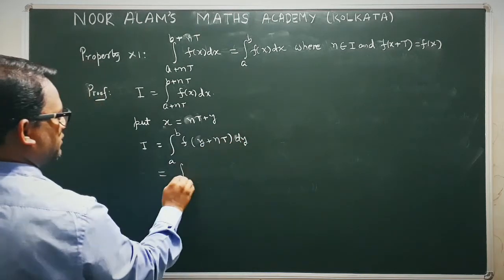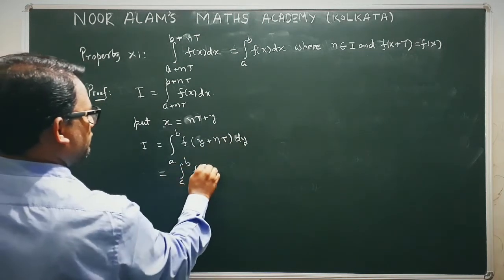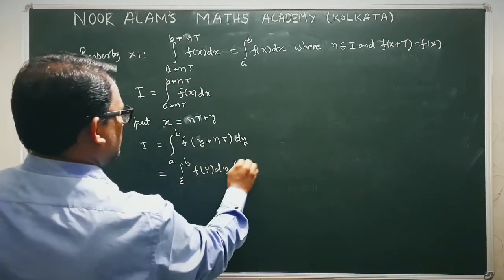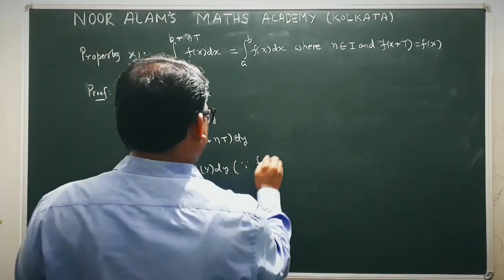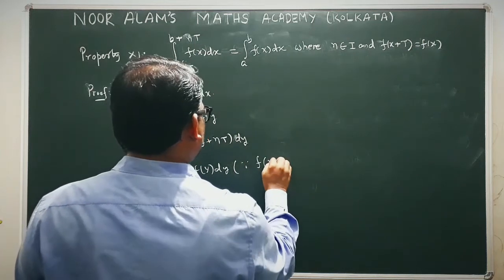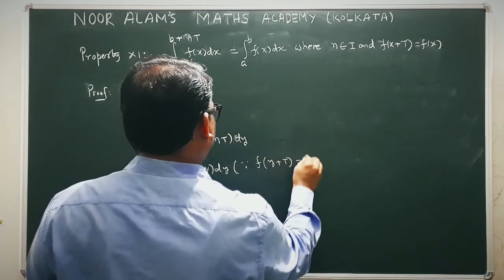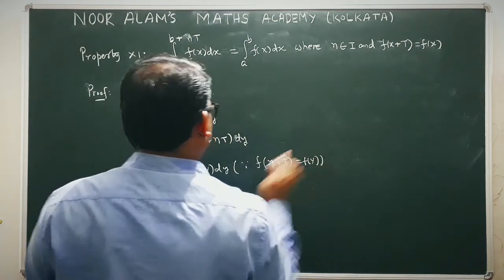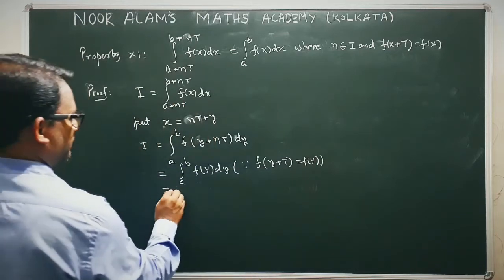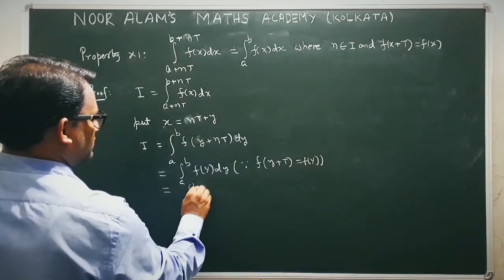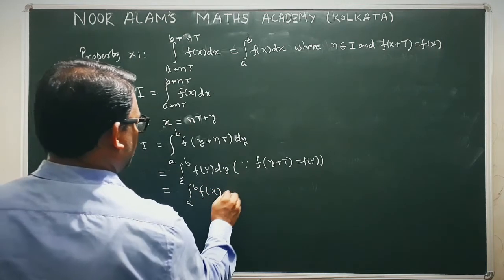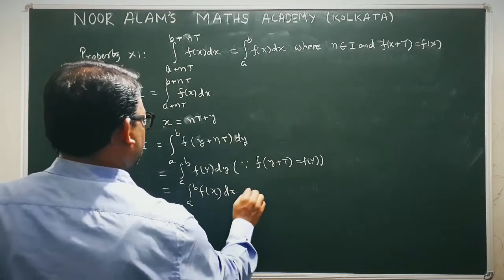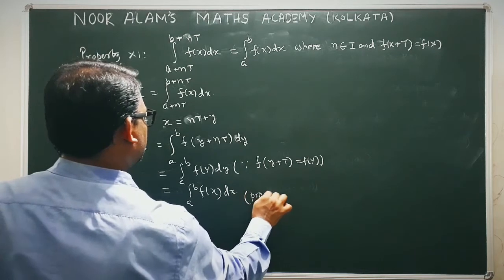So now this can be written as a to b f(y) dy, since f is a periodic function, so f(y + T) we can write as f(y). f is a periodic function with period T. So now since integration is independent of change of variable, we can write f(y) dy as f(x) dx. So this completes our proof.